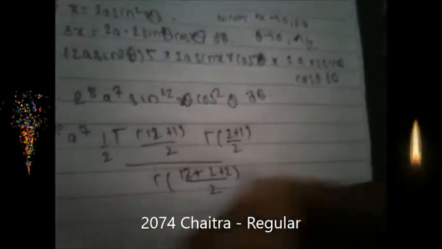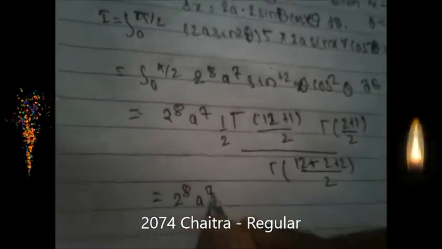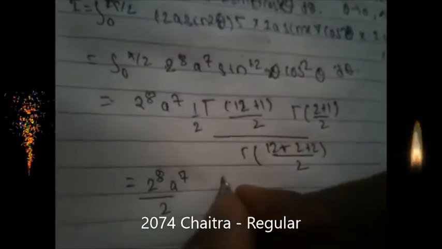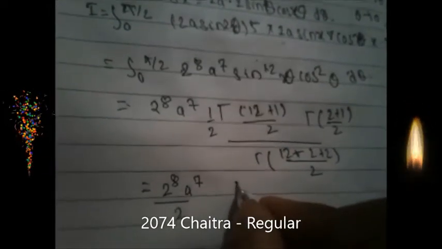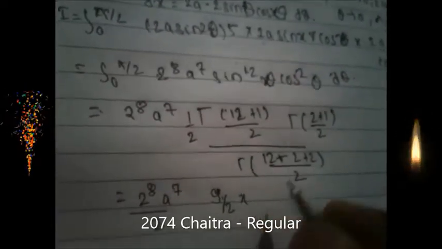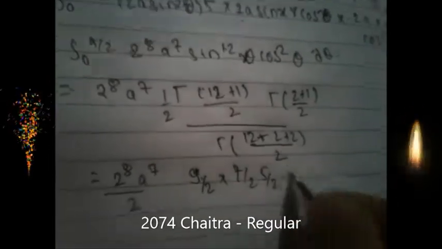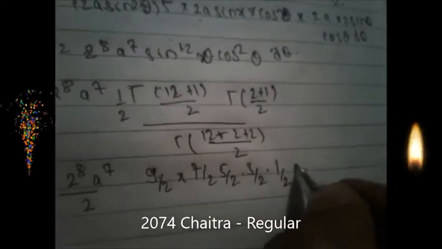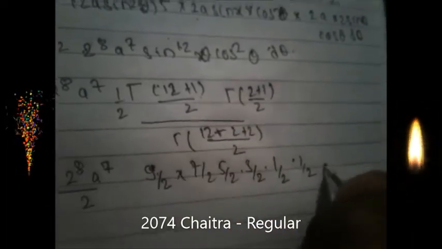Solving this we get 2 raised to the power of 8, a raised to the power 7, gamma 13 by 2 gamma 3 by 2 upon 2 gamma 8. We can write gamma 11 by 2 as 9 by 2 into 7 by 2 into 5 by 2 into 3 by 2 into 1 by 2, and gamma 3 by 2 can be written as 1 by 2 root pi, and from both root pi we get pi.